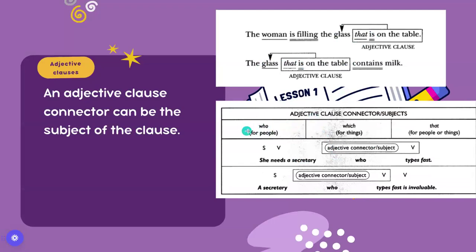And we can have connectors who for people, which for things, or that for people or things. For example, she needs a secretary who types fast. In this case, who is the subject of the clause, who types fast. Or I can see examples like a secretary who types fast is invaluable.